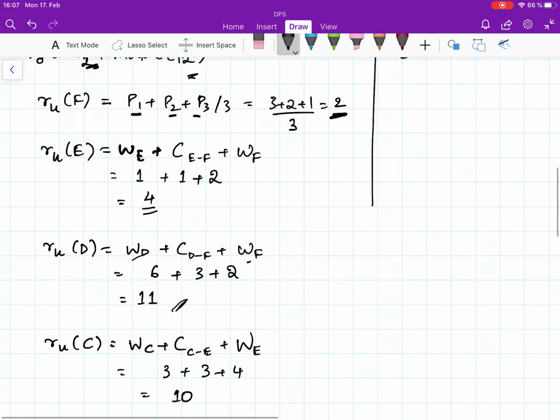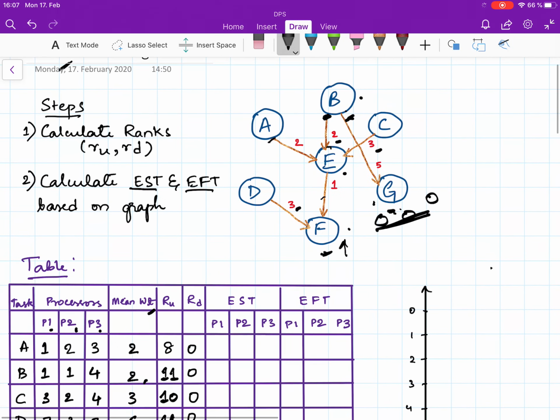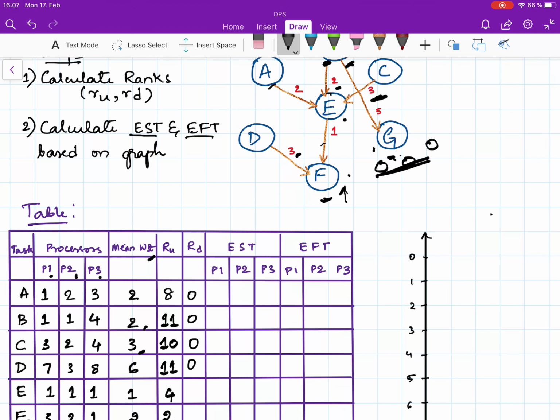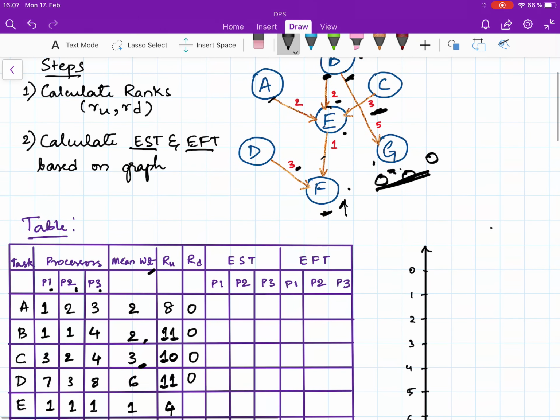From the diagram you can see it depends on 3 of the nodes before it, but you need to see the maximum communication cost is with respect to C. So you just need to do it with respect to C and we'll get the maximum one, and you do not need to calculate again with respect to B and A. This means you add the weight of C, which is 3 from the table, and the communication cost, which is again 3 here.